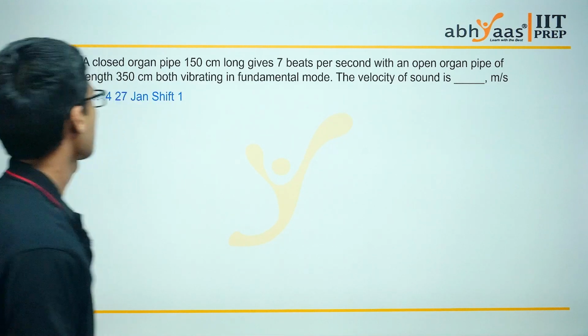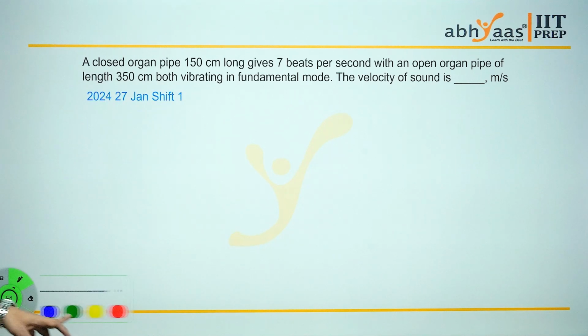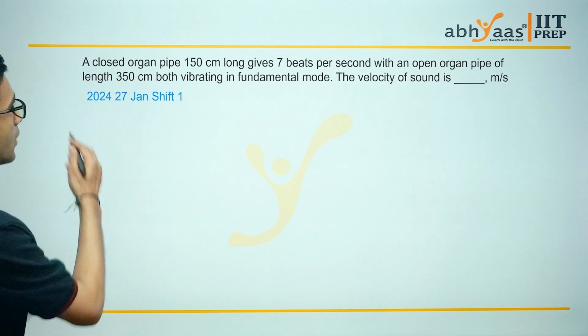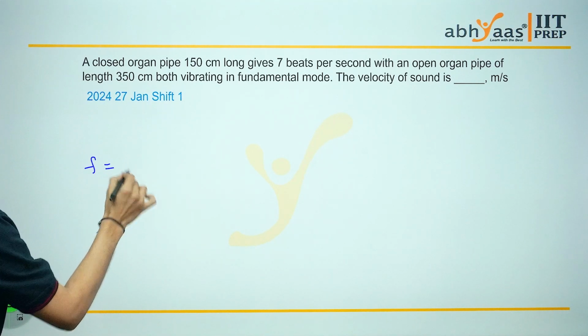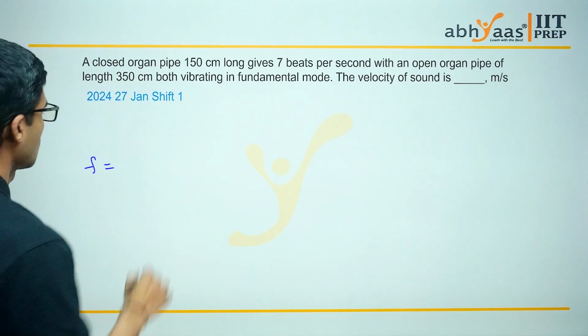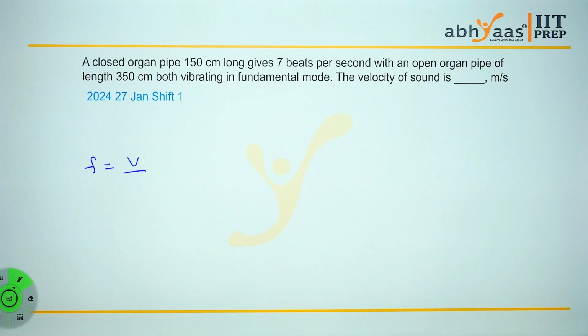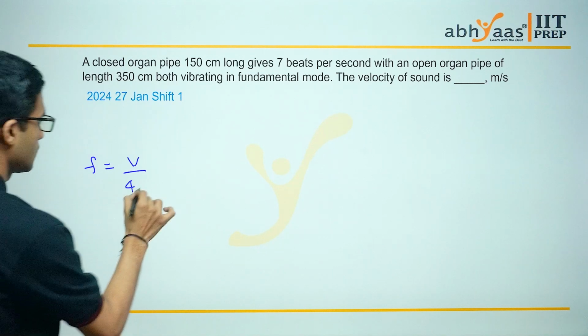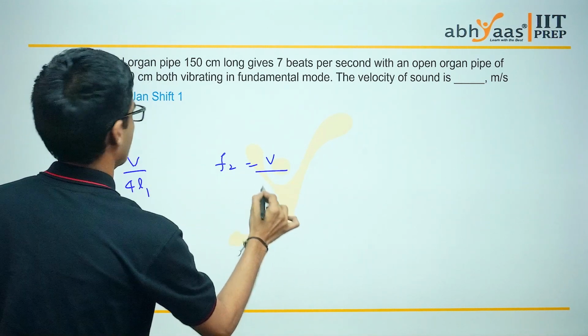In the next question, the closed pipe length is given as 150 centimeters, and a beat frequency of 7 is given. Another thing, an open pipe. You know that for the closed pipe F1 equals V by 4L1, and for the open pipe F2 equals V by 2L2.